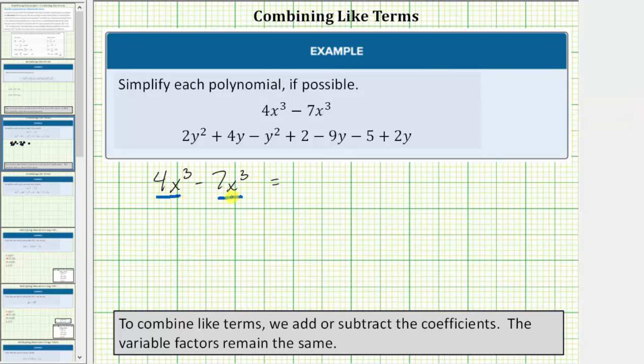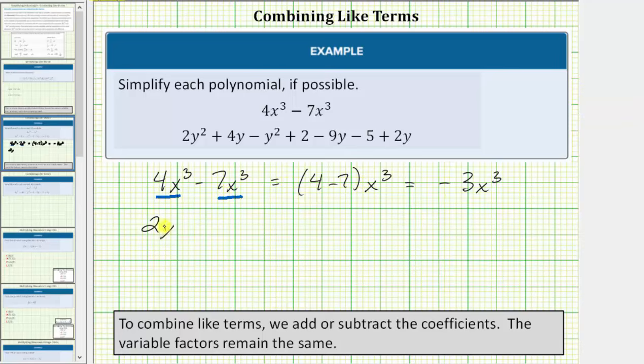To subtract the like terms, we subtract the coefficients and the variable factors remain the same, which means 4x cubed minus 7x cubed is equal to the difference of the coefficients, 4 minus 7, and we still have x cubed. 4 minus 7 equals negative 3, and therefore 4x cubed minus 7x cubed equals negative 3x cubed. We often don't show this step here, but I wanted to show it for this first example.